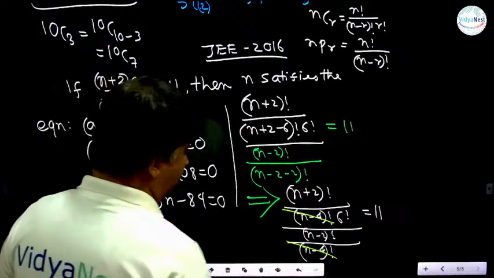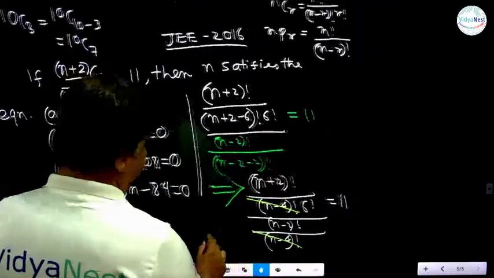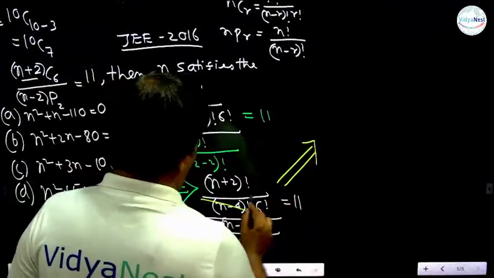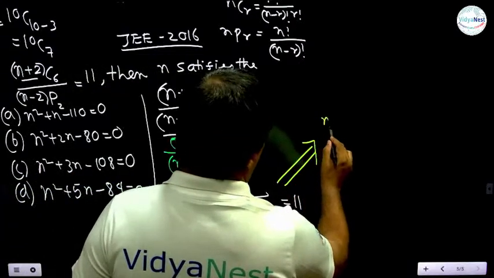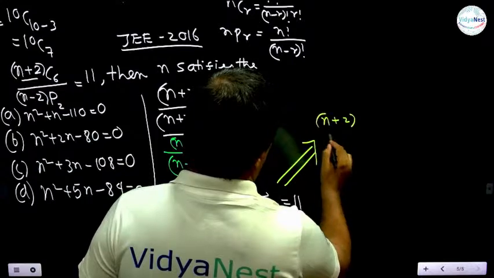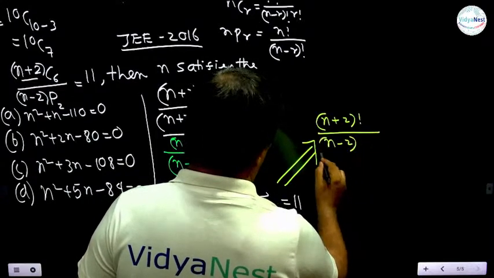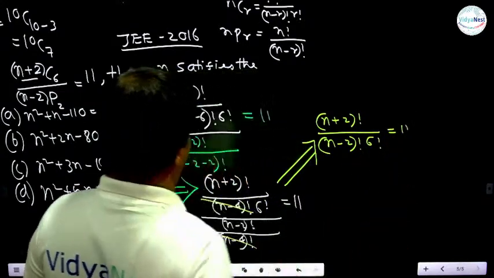See, carefully you have to proceed. By division rule, I can write n plus 2 factorial by n minus 2 factorial into factorial 6 is equal to 11.